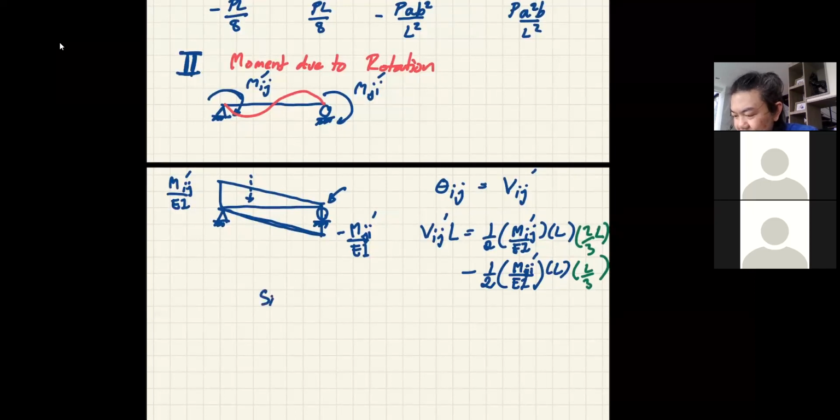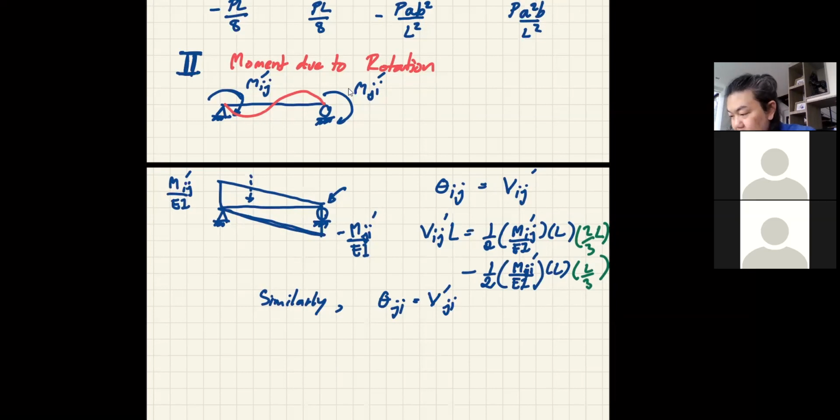And we can do the same for, similarly, we can say theta ji is equal to the shear Vji as well, and we can do the same here. And Vji prime multiplied by L, this time you're going to take moment at this location, right?